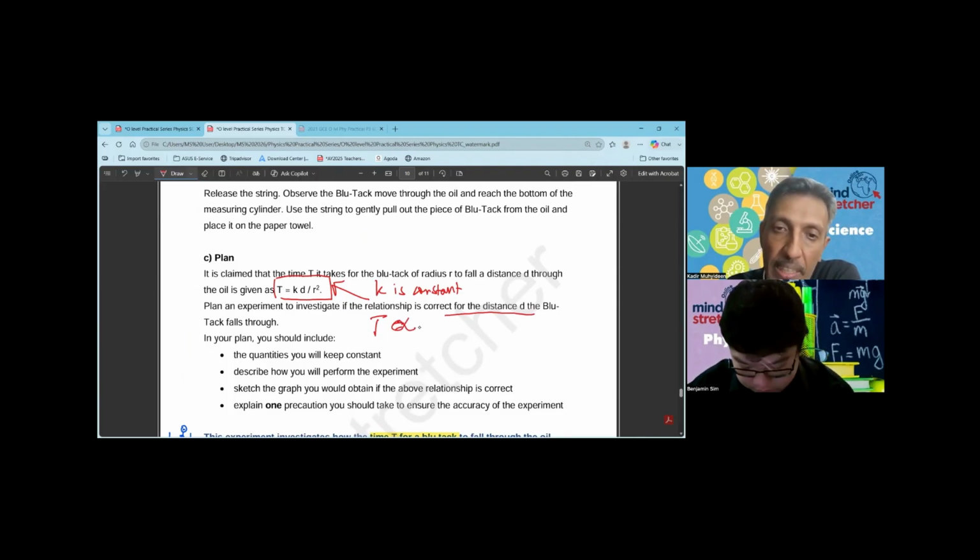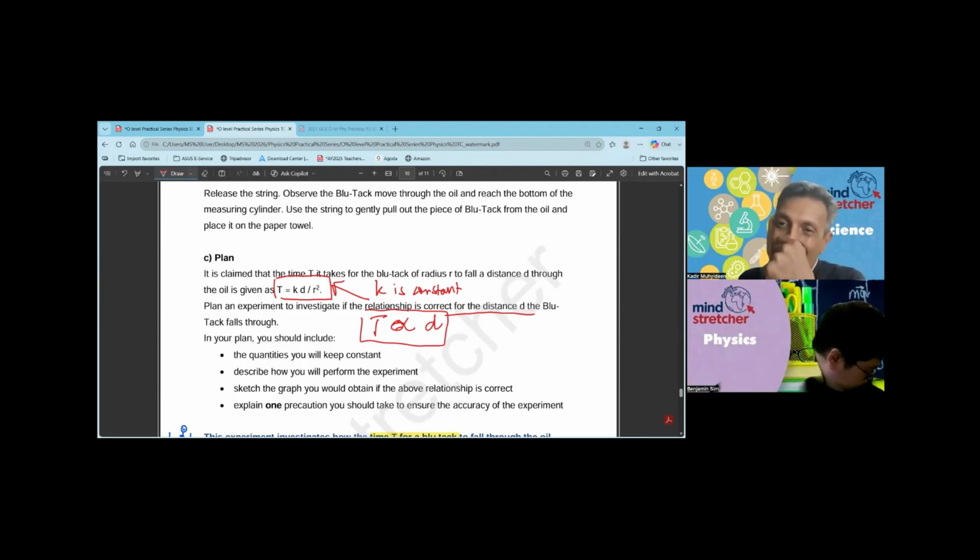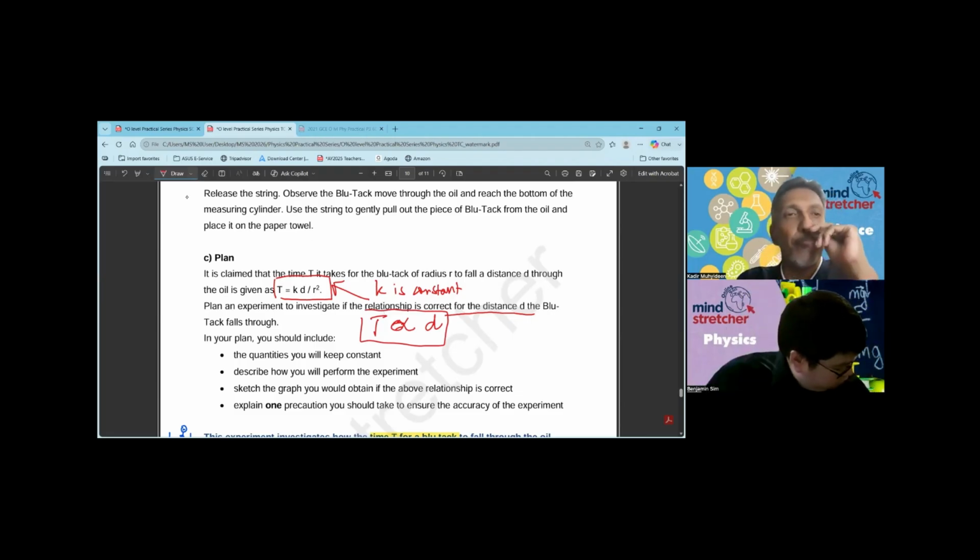So you want to check whether T is proportional to D, whether this relationship is correct for the distance D the blue tack falls through.